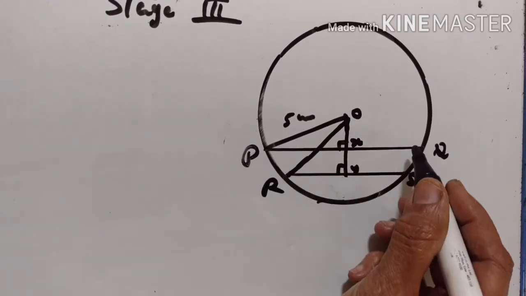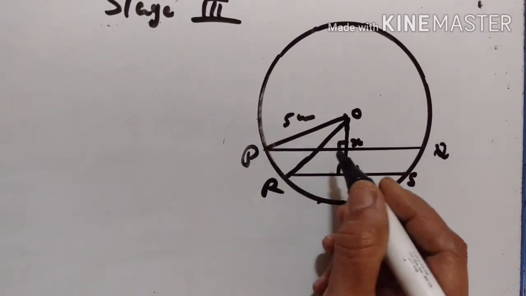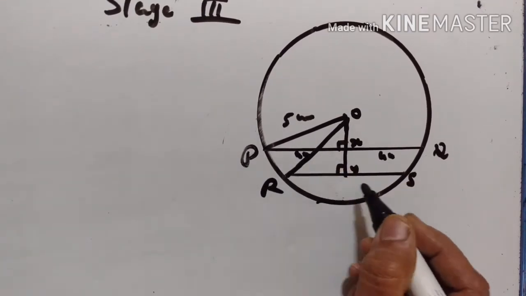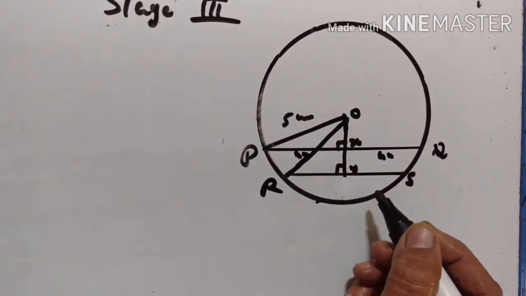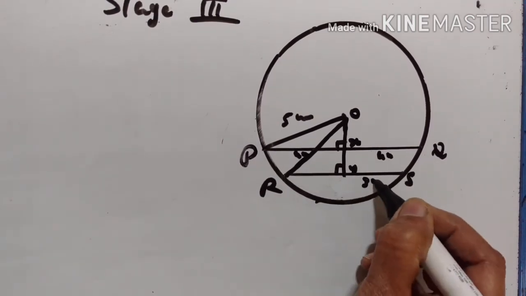So if PQ is equal to 8 cm, then PX is equal to 4 cm. If RS is equal to 6 cm, then YS and YR are 3 cm each.